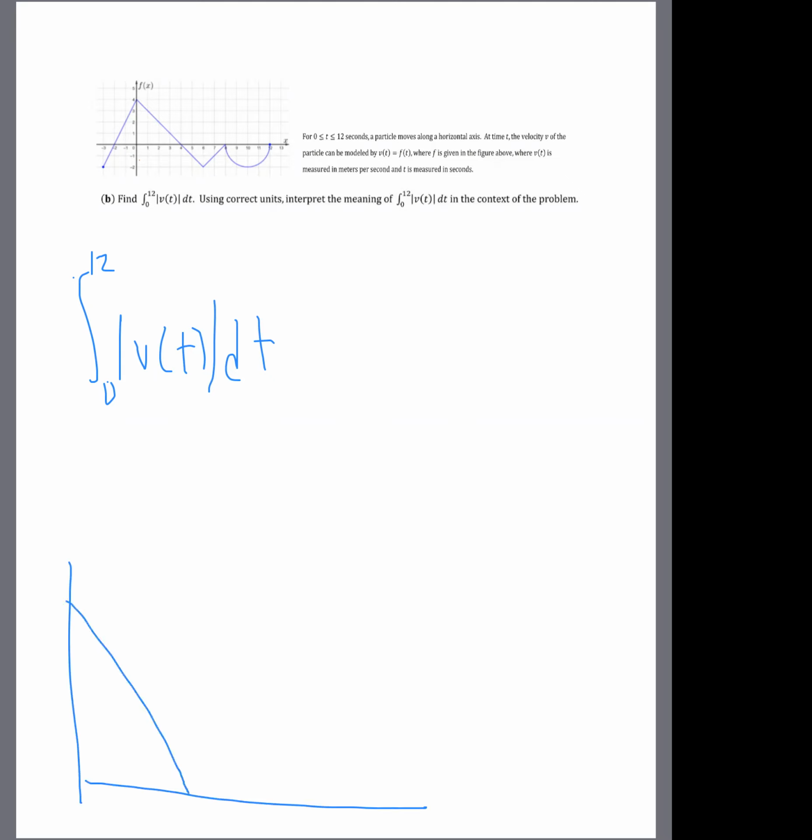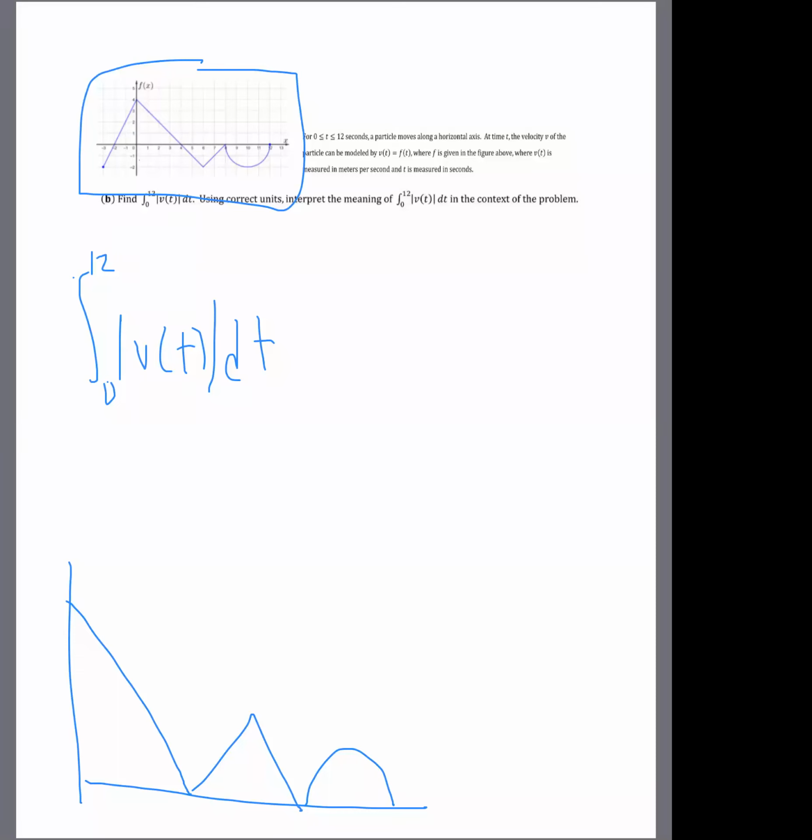So how do we find that? It relates to the little graph that we drew earlier. If you need to visualize it, I'm going to draw from 0 to 12, and this entire graph just becomes positive. It looks like that instead of what it looks like here.